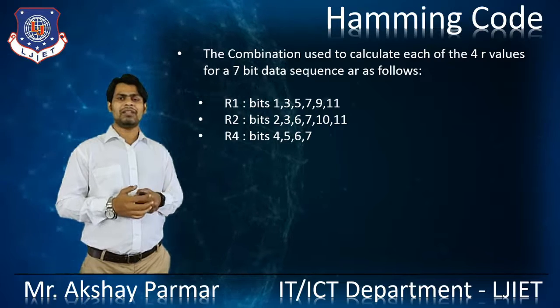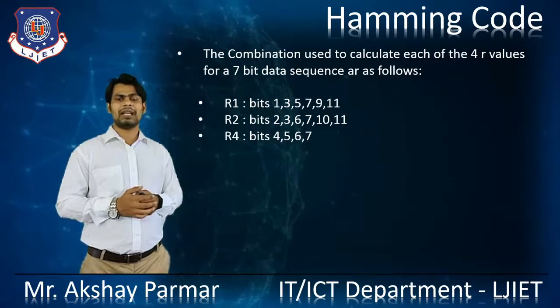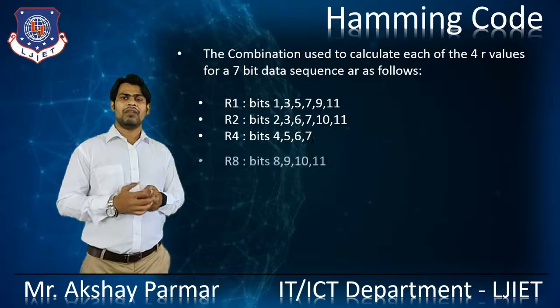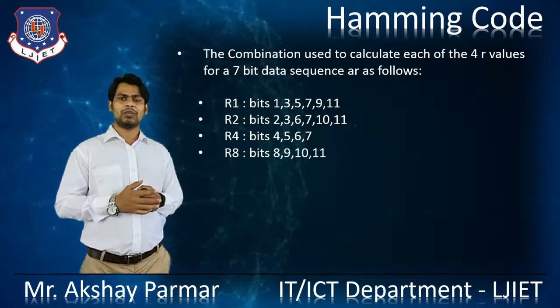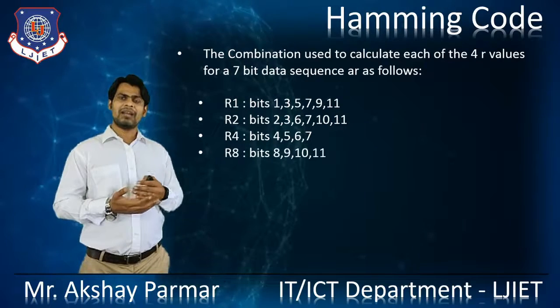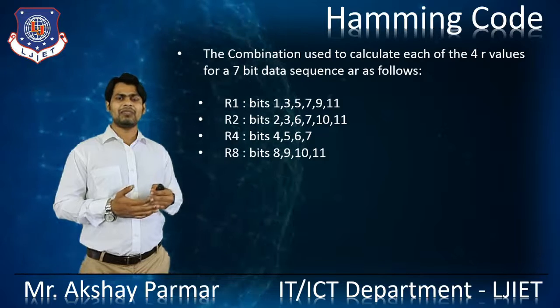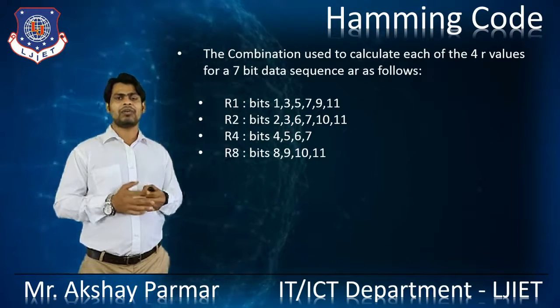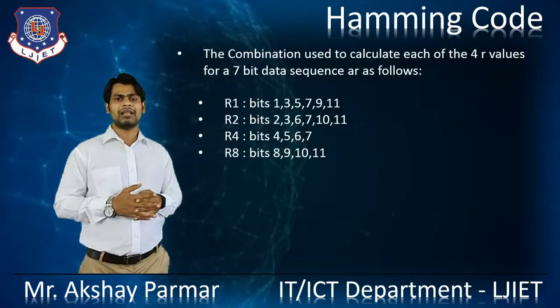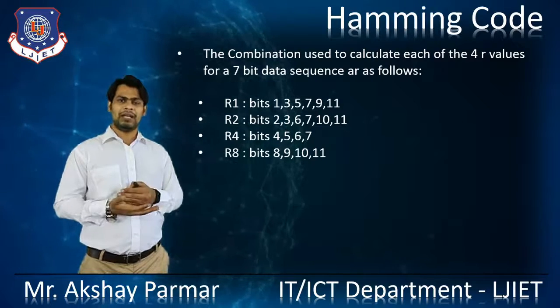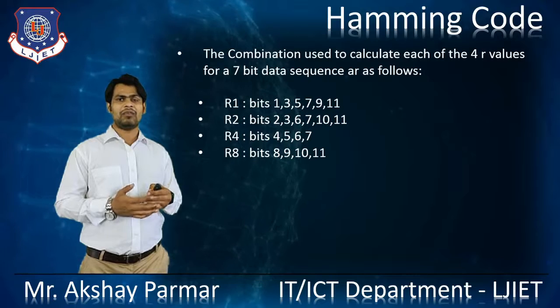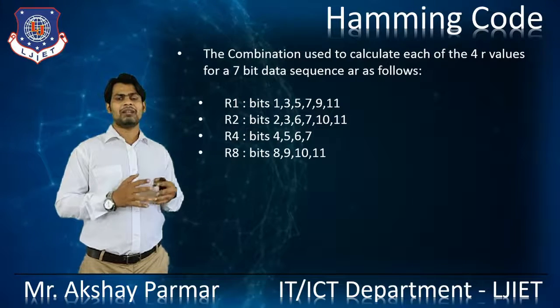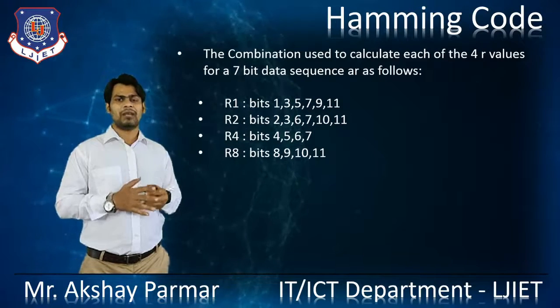Likewise, for the R8 position, we select 8, 9, 10 and 11, find the VRC of those and select the redundant bit value.